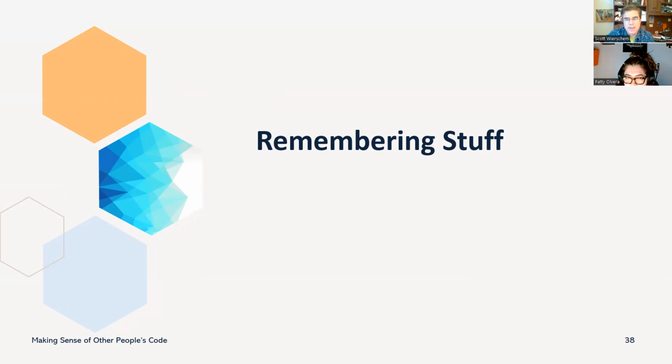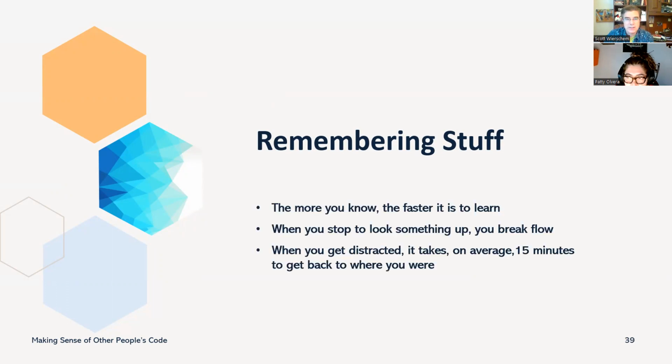So, the question is, what about Google? I thought that was supposed to keep us from having to remember everything. The point is that the more you learn, the faster it is to learn other things, because you've got more things in your long-term memory to associate things with.